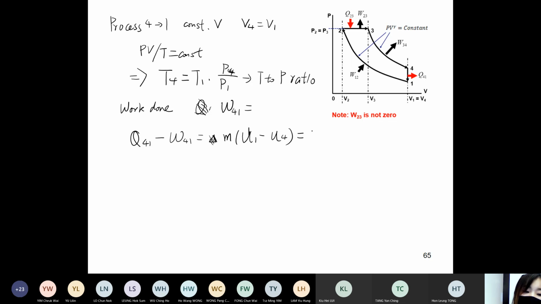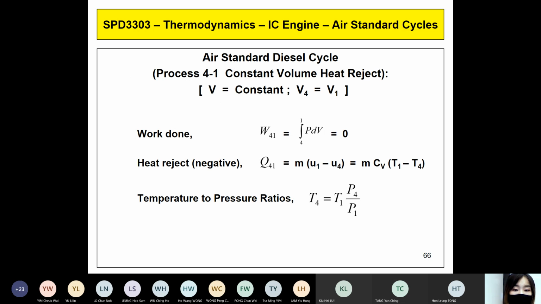Again, there's no work done. So the heat rejected equals the change in internal energy. This is a property of perfect gas. You can calculate the heat rejection now. Okay, this is a process of constant volume. Again, you should remember these equations to help you solve your problems.